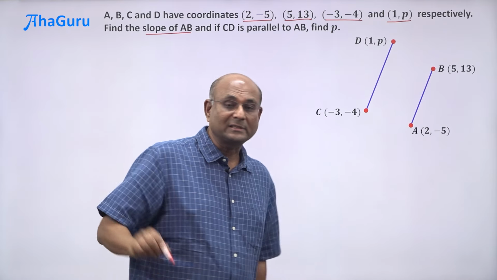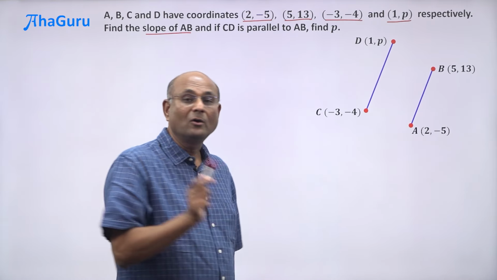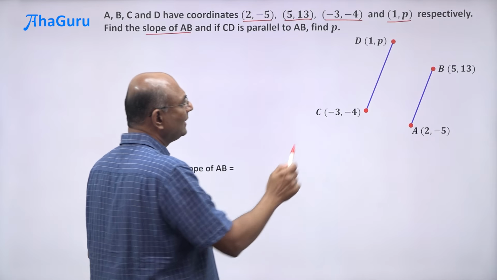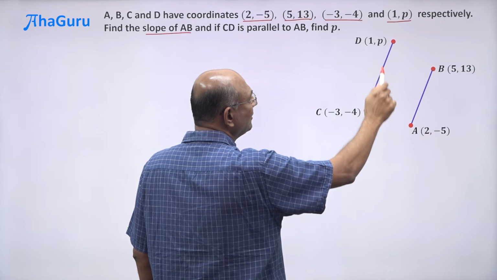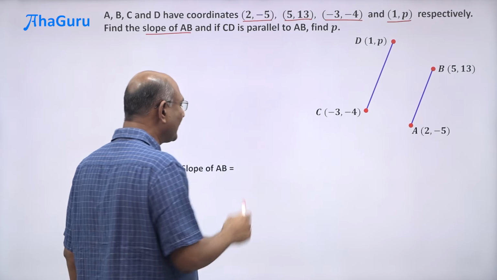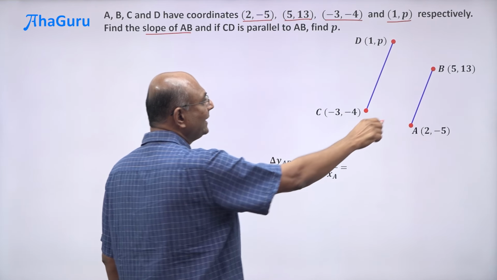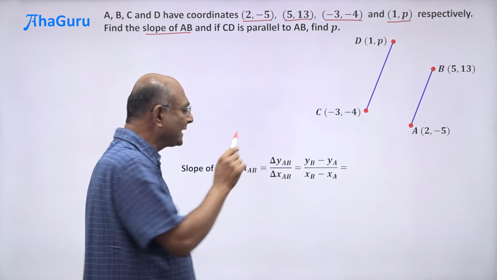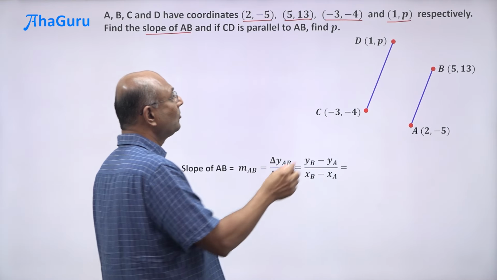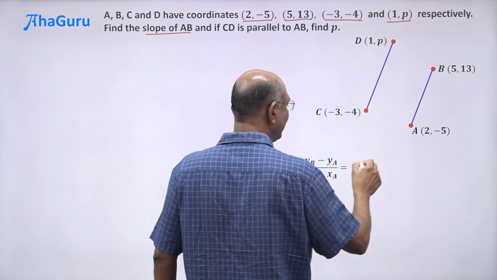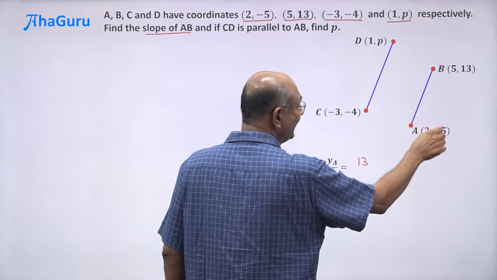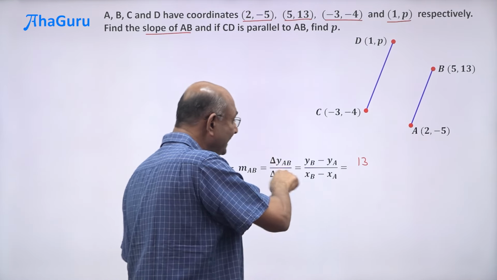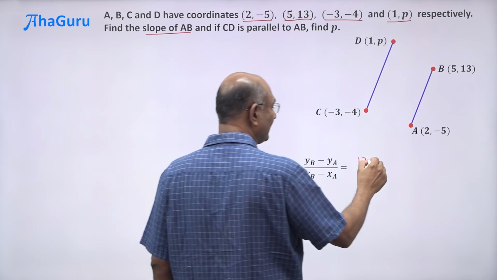So the first part of the question is find the slope of AB. What is the slope of AB? Well, it is MAB, which will be delta Y by delta X for AB. But what is delta Y? Delta Y will be YB minus YA. Delta X, XB minus XA. What is YB? YB is 13. What is YA? Minus 5. So minus YA will be plus 5.